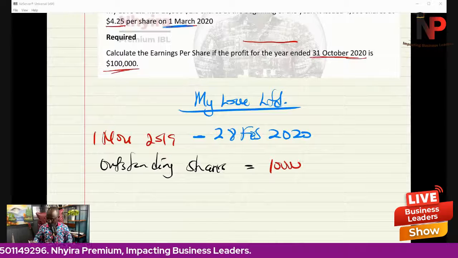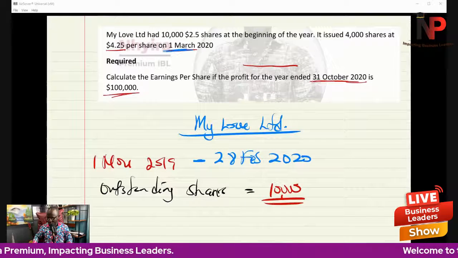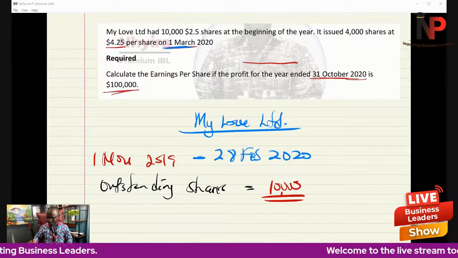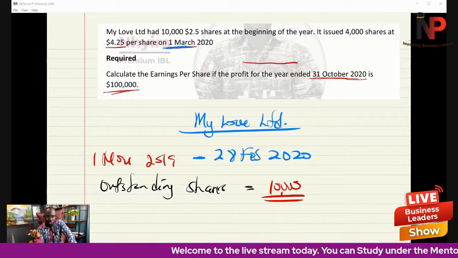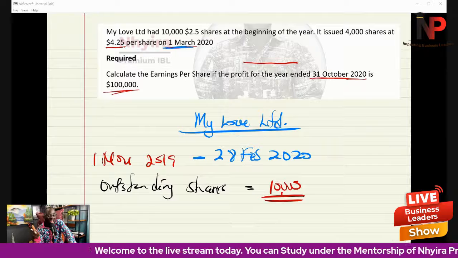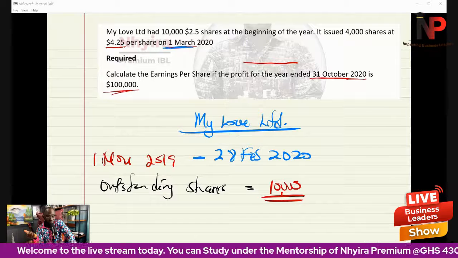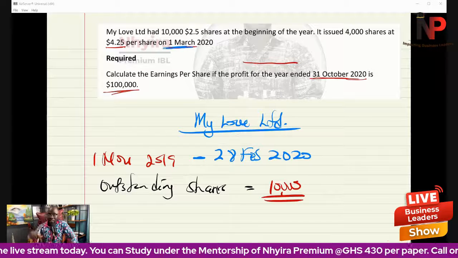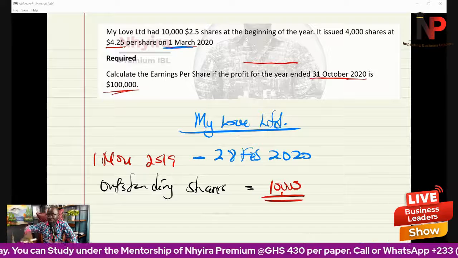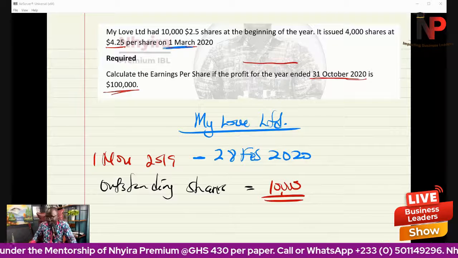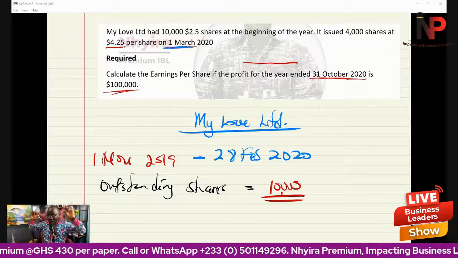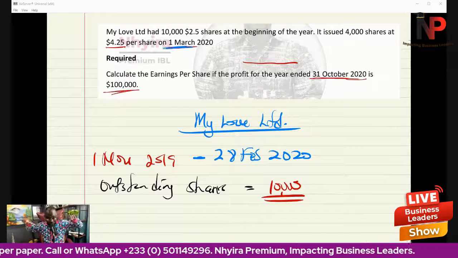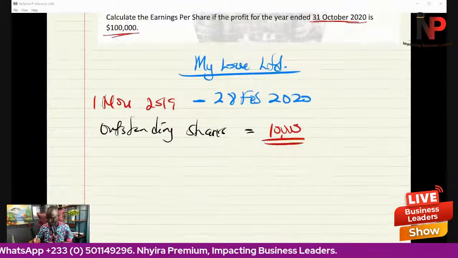Now, remember, when you're doing this, the value at which the share was issued, we don't consider it. You only consider the value at which the shares were issued when you're dealing with right issue. Apart from that, we don't care about it in the context of earnings per share. But when we get to the right issue, I'll explain that to you as well.